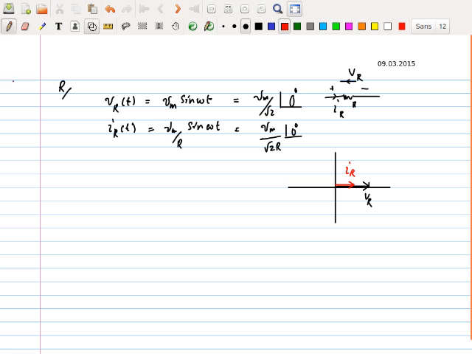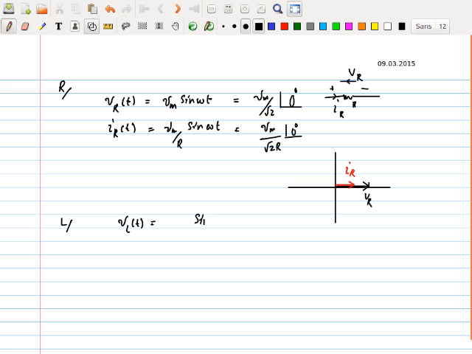Then in the same form, you can also do the same thing for an inductor. For an inductor, VL of t is equal to, what was this?